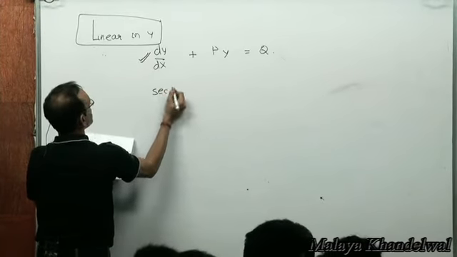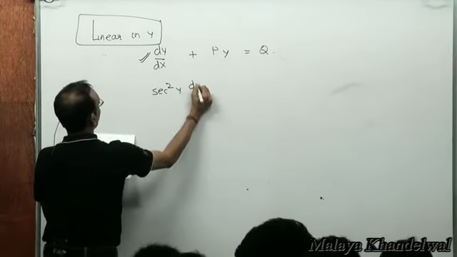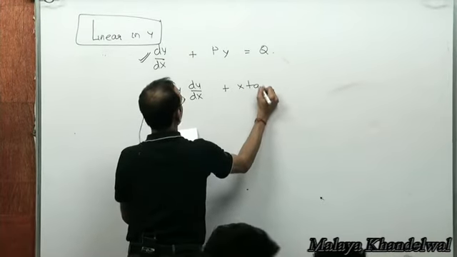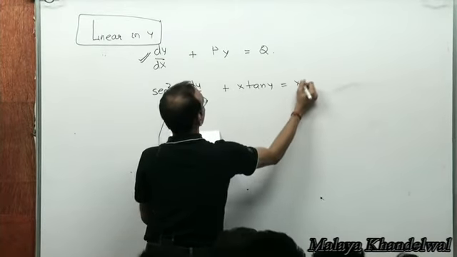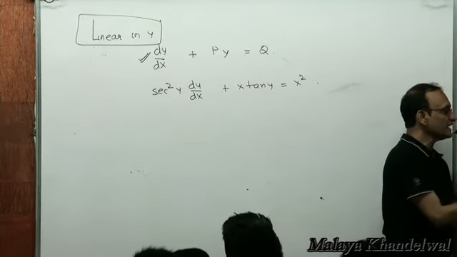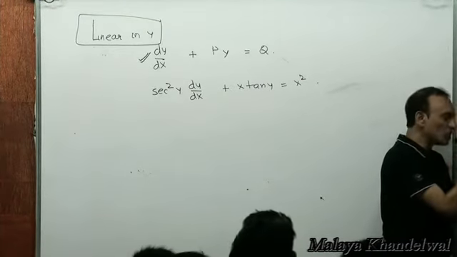Say sec squared y dy/dx plus x tan y equal to x cube. Hey, it's neither linear in x nor linear in y. What on earth is it?